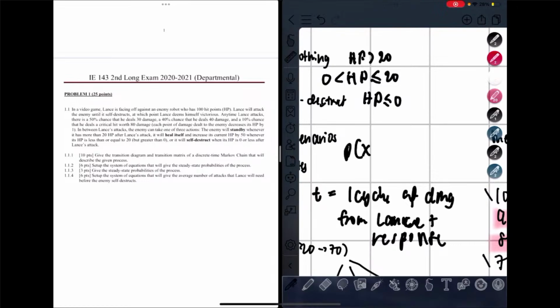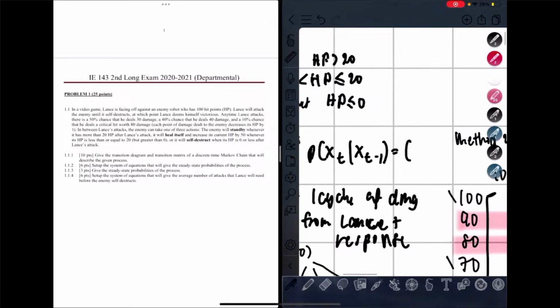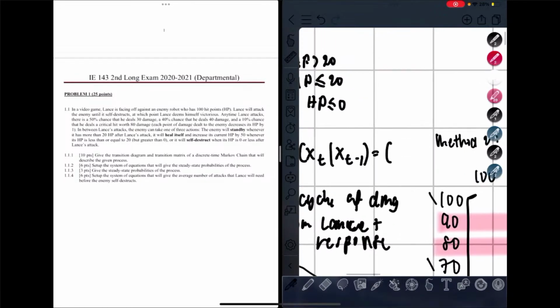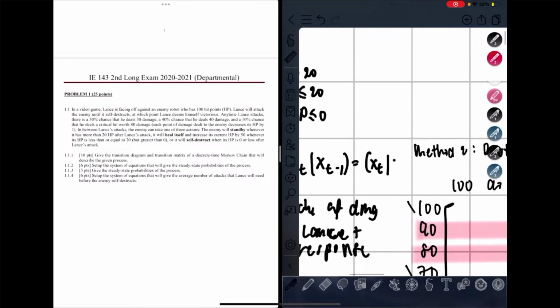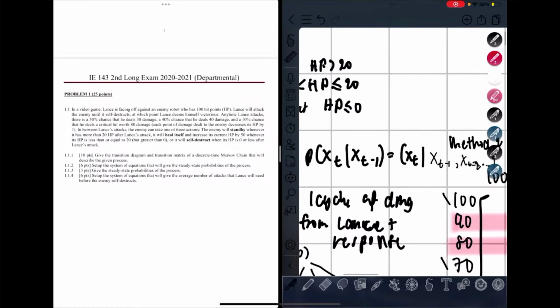The probability of X at time t given X at time t minus 1 is equal to the probability of X at time t given X at t minus 1, X at t minus 2, etc. This is the Markovian property: the thing that is happening depends on the thing that happened one unit of time ago.